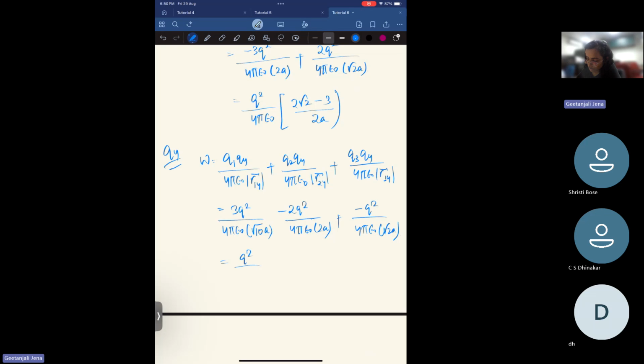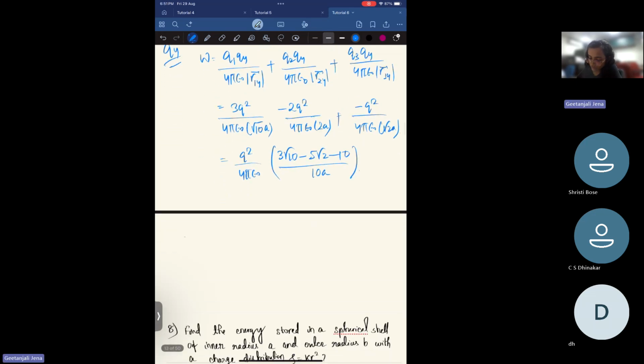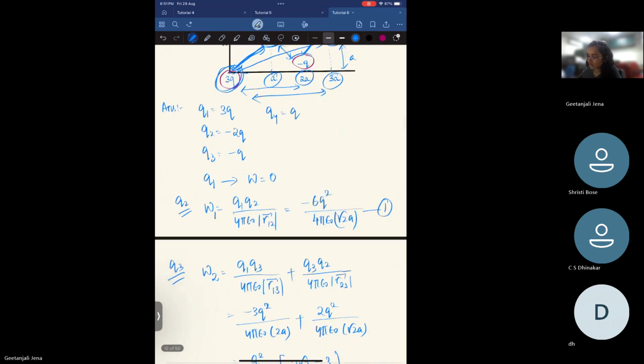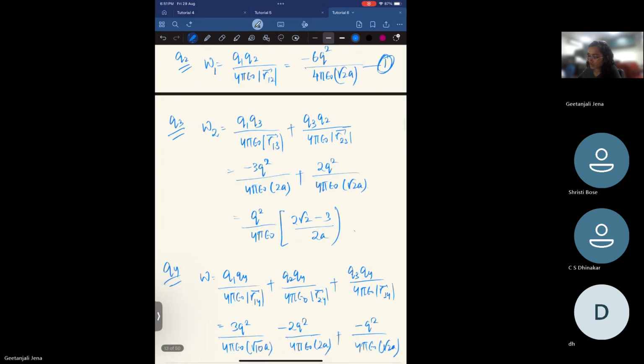So we have now Q square by 4 pi epsilon naught, and it will be 3 root 10 minus 5 root 2 minus 10 by 10. So total work done will be the summation of all the work. You just need to add this one, this one, and this.